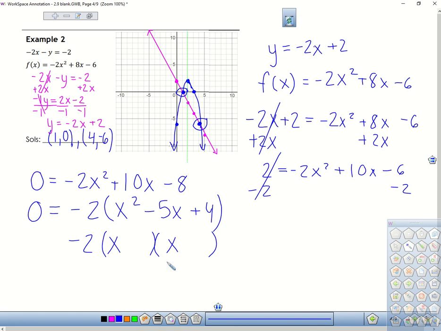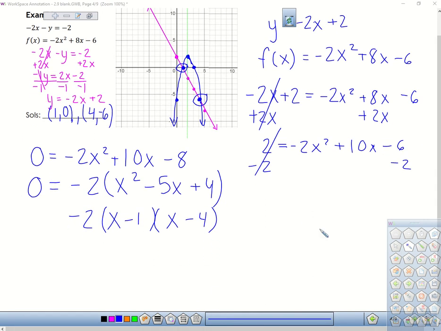Any ideas? Negative 4 times negative 1 is what? It's a positive 4, but it adds up to a negative 5, right? So negative 1 and negative 4. And that gives me x equals 1 and x equals 4. This is a non-solution.